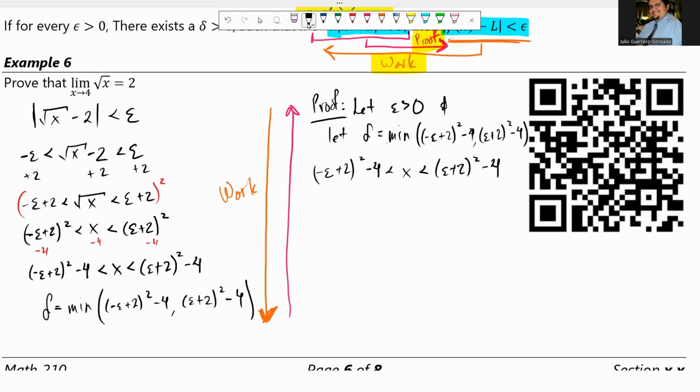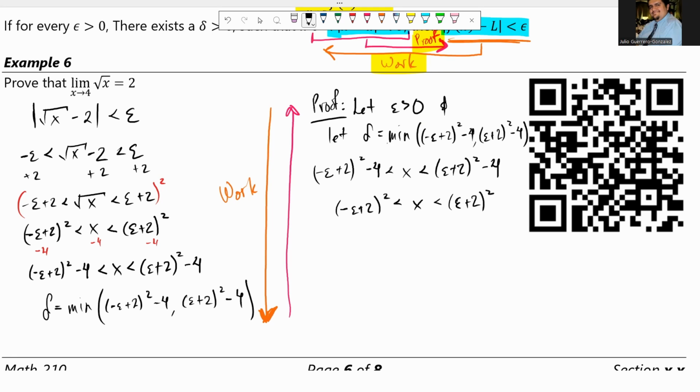And now we get to go backwards on everything. We get minus epsilon plus 2 squared is less than x less than epsilon plus 2 squared.